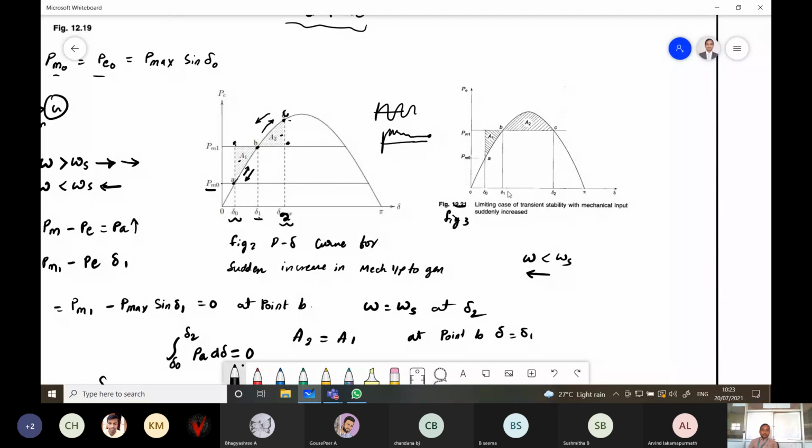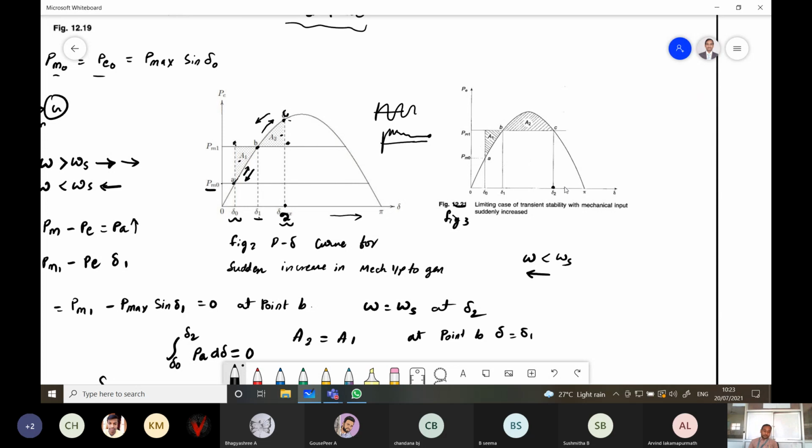If delta 2 is increased further, what happens? If delta 2 is initially at this point and keeps increasing, it will shift to this point. Then the areas A2 and A1 are not equal in this case.